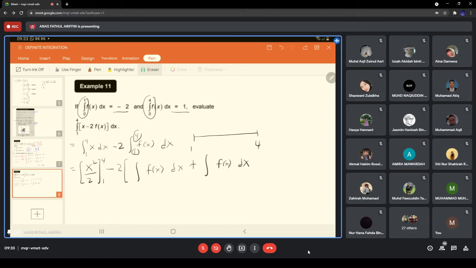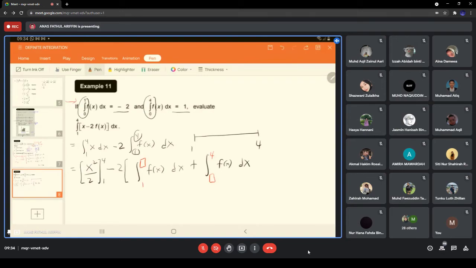Okay, saya ulang sekali lagi. We split, so we have 1 to 4. Betul, objektif kita tu nak pergi ke 1 dengan 4. Tapi in between ni kita nak pakai apa ni? Okay, tengok balik dekat kita punya given ni.